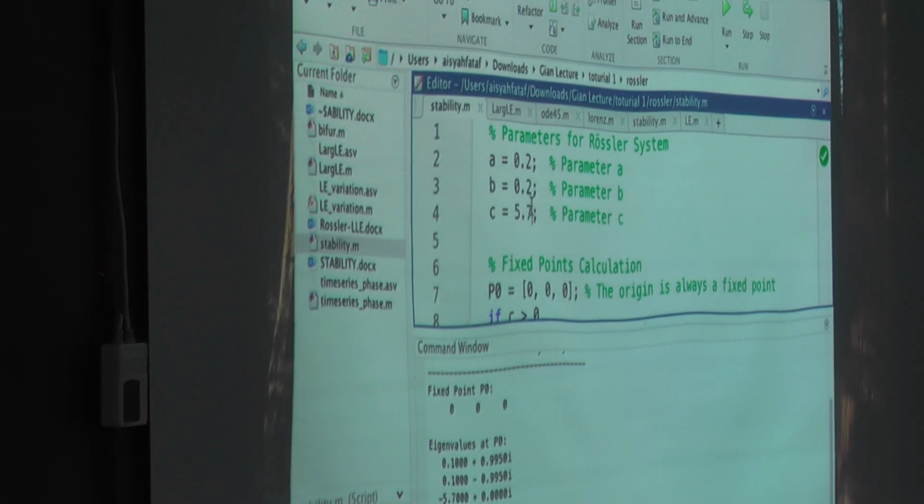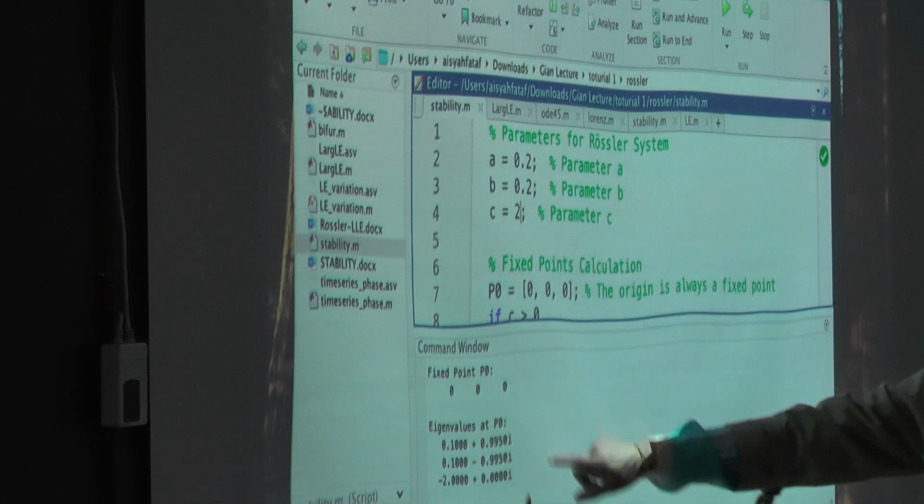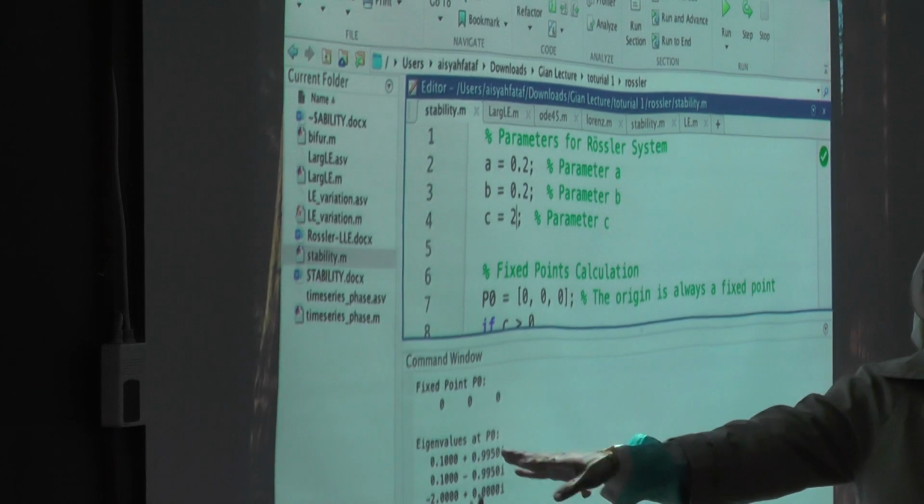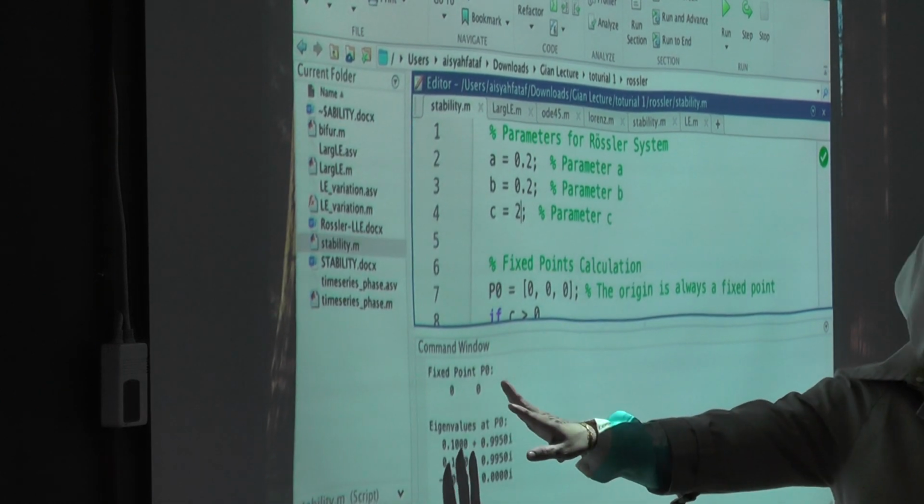So let's see if I change the parameter. Because in Rossler parameter C plays an important role, we change the parameter C to, let's say, 2. If you put it 2, you only have 2 eigenvalues. One is the plus 1 and one is the fixed point, the trivial.